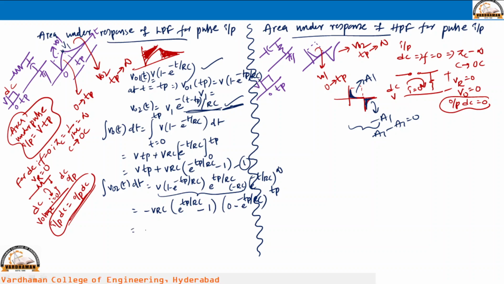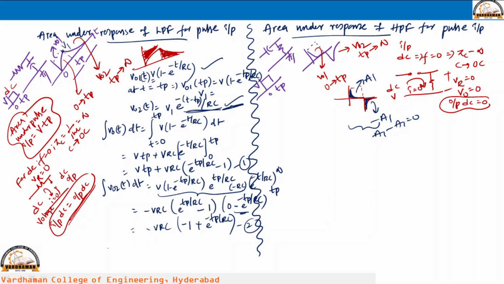So it is equal to minus VRC into, if you multiply this one with this one, e power plus Tp by RC, e power minus Tp by RC means e power 0, that is 1, minus into minus is plus e power minus Tp by RC. This is equation 2, that means the area under the second curve.